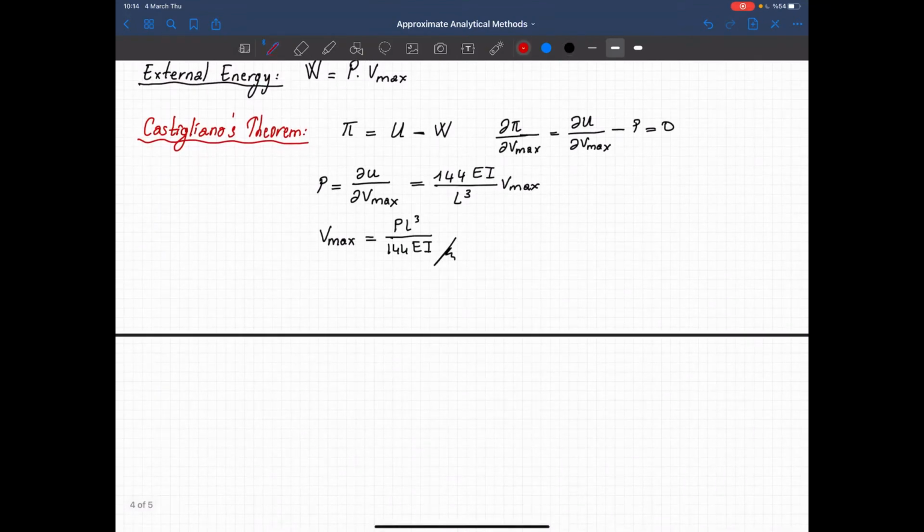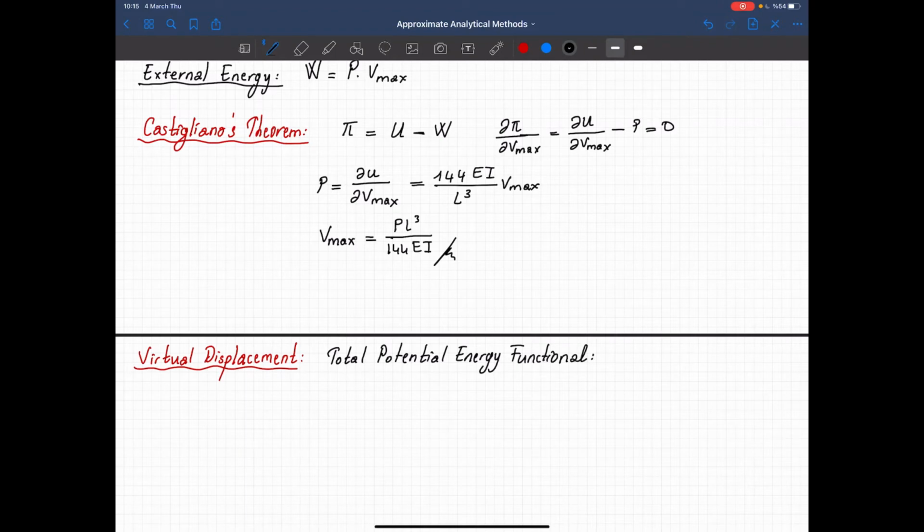Now let's use the virtual displacement approach. So my total potential energy functional is equal to internal work, 144 EI over L cubed, Vmax squared minus P times Vmax.